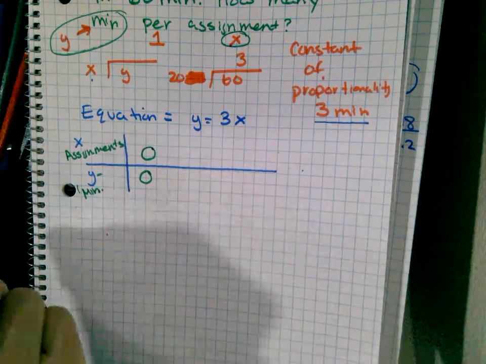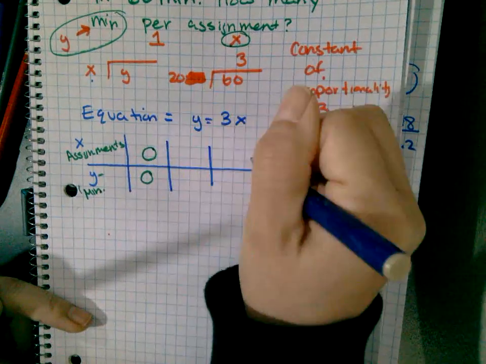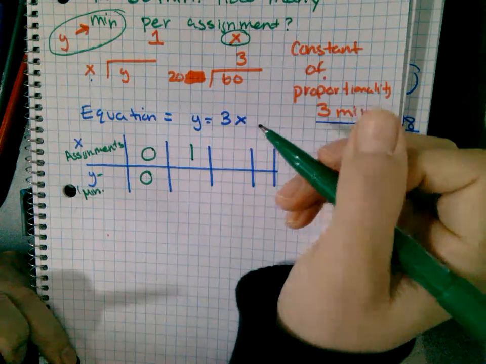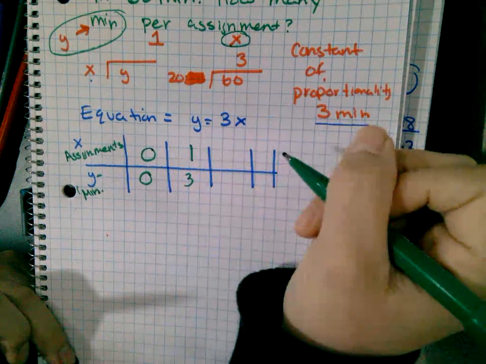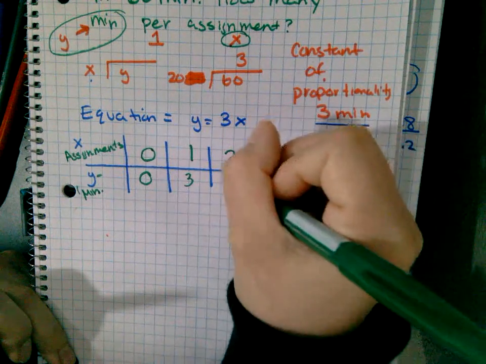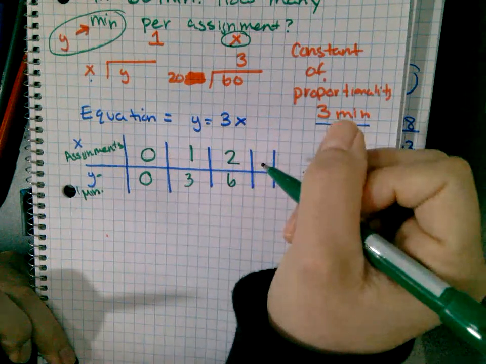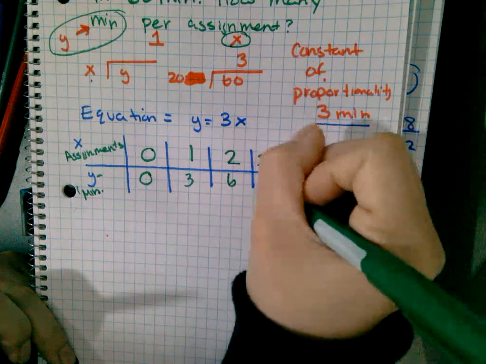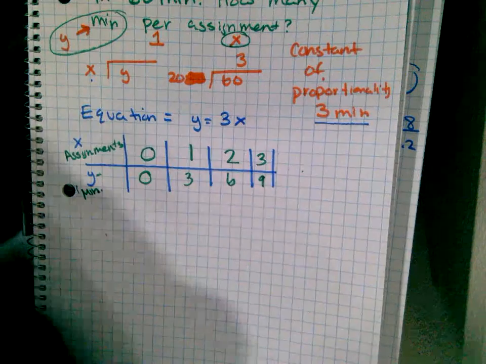Yay! If you turn in 1 assignment, it's going to take me 3 minutes to grade. If you turn in 2 assignments, it's going to take me 6 minutes. If you turn in 3 assignments, it's going to take me 9 minutes.